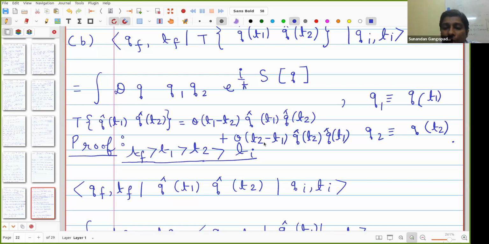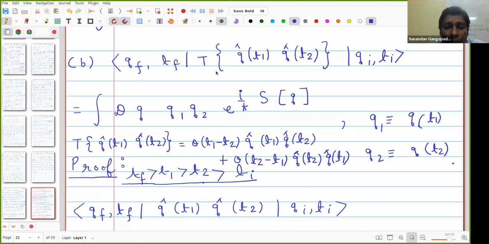So that is the time ordering. And when t2 is greater than t1, this one is off, it is 0, but this theta function fires, it is equal to 1. Since t2 is greater than t1, t2 is the later time. Therefore, the operator q hat t2 is the operator at the later time, and it should be put on the left-hand side of the operator which is at the earlier time. So this is the definition of the time ordering operator.